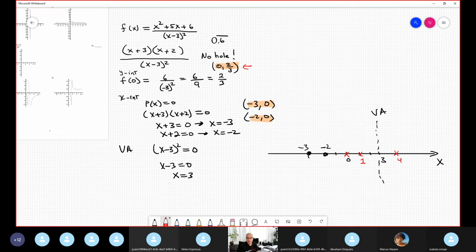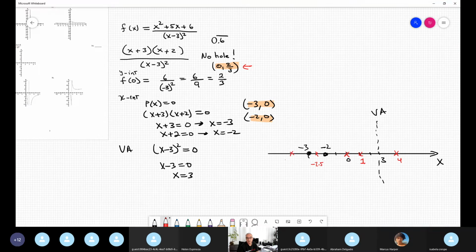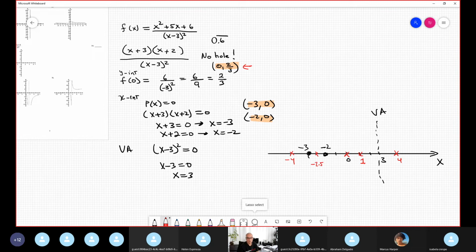And between -2 and -3, -2.5, and after, not before -3, get -4 or -5. This is the minimum amount of points I need to evaluate to have a decent idea how my graph looks.